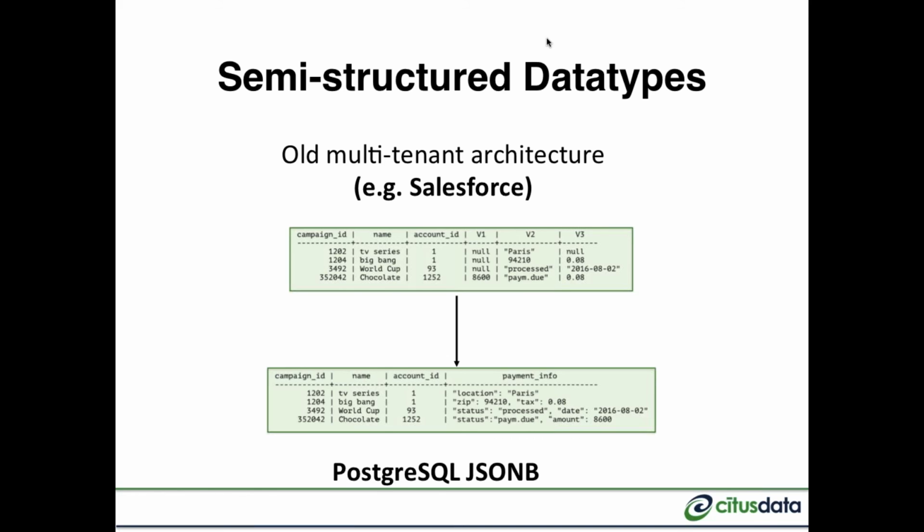And there you can put in information that's specific to that particular tenant or that particular account ID in this case. And usually you also want to capture some data type information. Like for example, in here, the value 3 could be a double, it could be a time, it could be text.